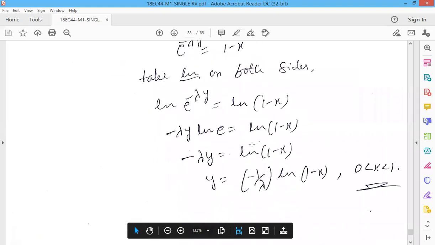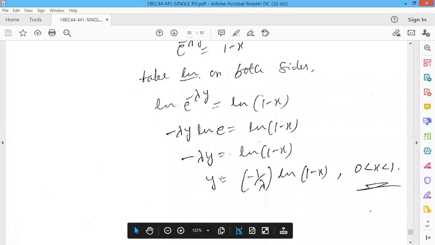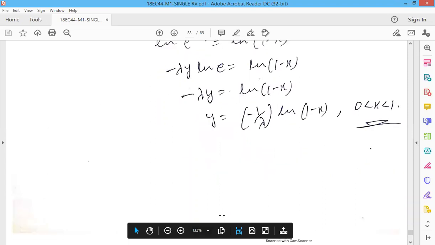As we know, ln e to the base e is nothing but 1, so we replace it by 1. We are reduced to minus lambda y is equal to ln of 1 minus x, which implies that y is equal to minus 1 by lambda ln of 1 minus x. This is the required reverse process that can be obtained for the given exponential random variable.